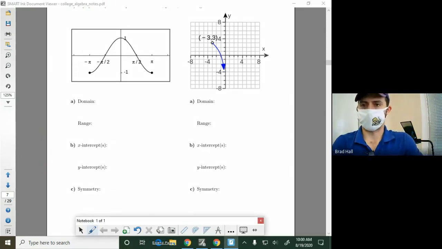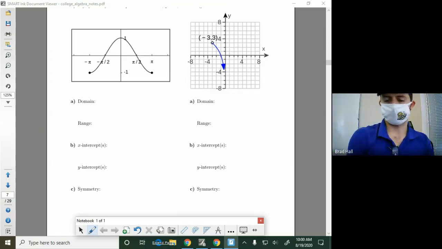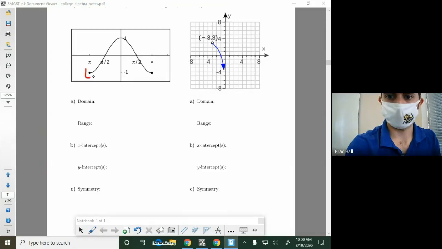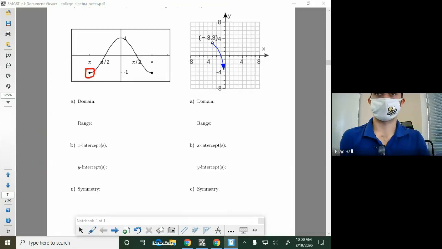So for this graph on the left here, the domain of it, so remember the footnote that I gave before. Domain, left to right, x values. In this graph, I think we can all see visually that the leftmost point is right here. I think we can all agree on that.